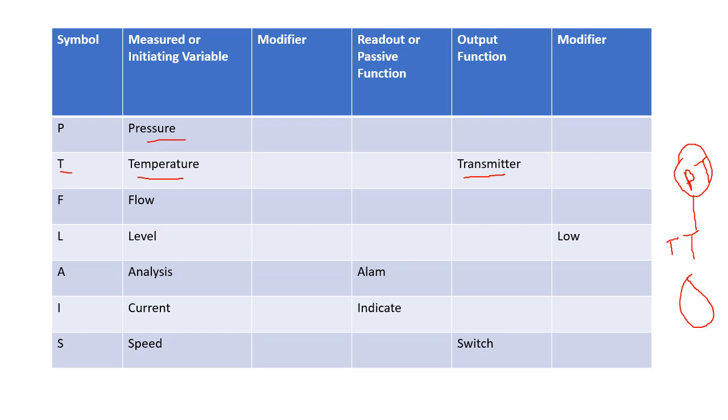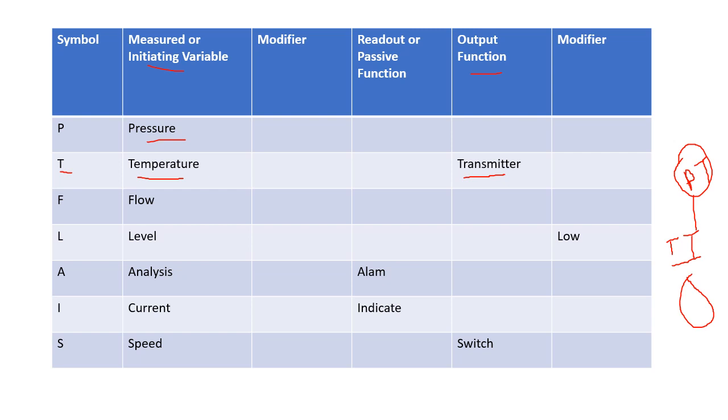Yes, you are right. It is temperature transmitter, not transmitter temperature, because when the T is at the beginning, it is the measured or initiating variable. When T is last, it is the output function. That's why TT means temperature transmitter.